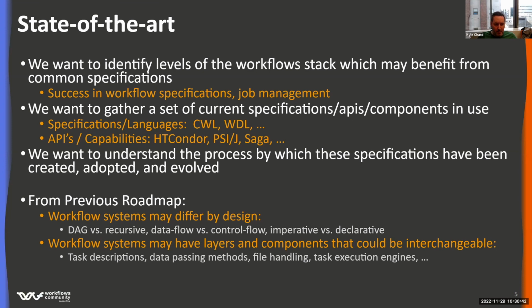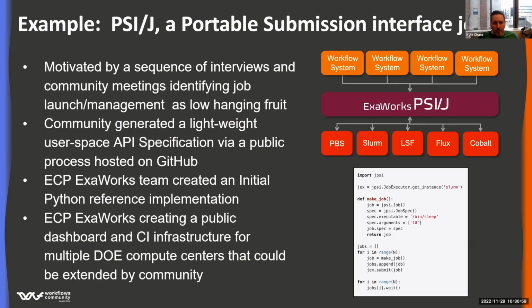In the previous roadmaps, as I said before, we've seen that workflow systems differ by design. They have many layers and components that could be interchangeable, could be interoperable, if we did a little bit of extra work to enable some common way of expressing those interfaces. One quick example from the last year is the ExaWorks group, which is a cross-DOE project that combines, I think, four national laboratories and many others.